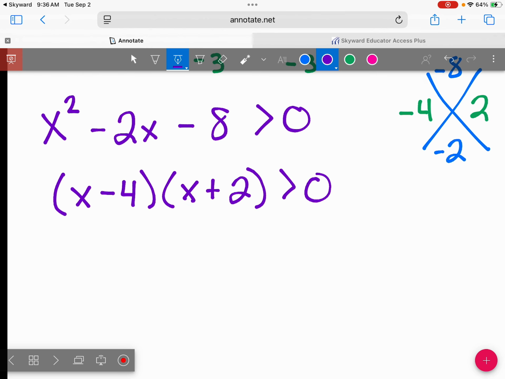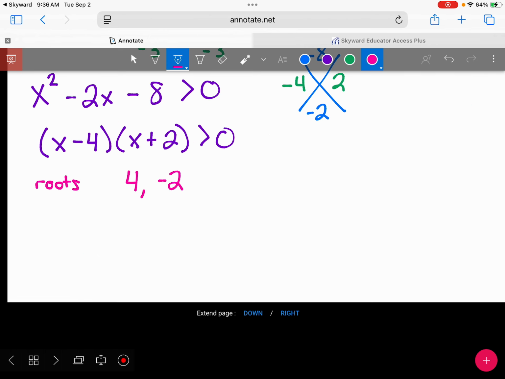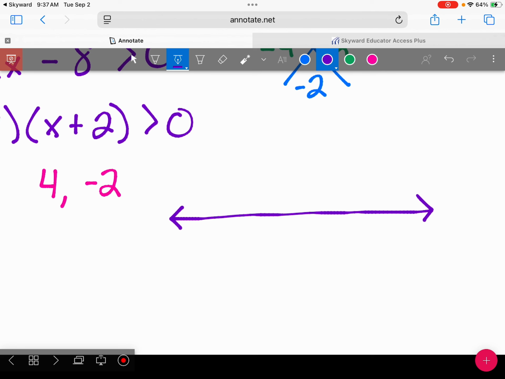So what are our zeros on this one? Or our roots? Positive 4 and negative 2. Our roots are where those factors equal 0. X minus 4 equals 0. X plus 2 equals 0. I'm going to make our positivity table. I know we can probably eyeball this one, but it's good practice for us.